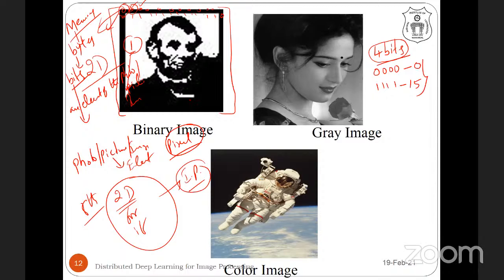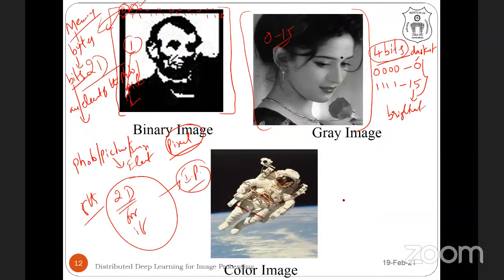That means in the whole array you can have 0 to 15 as the numbers in this array. Always 0 is considered as the darkest pixel and 15 is considered as the brightest pixel.